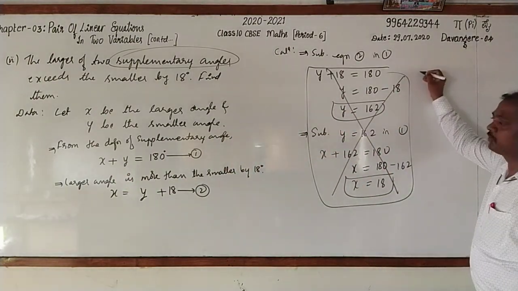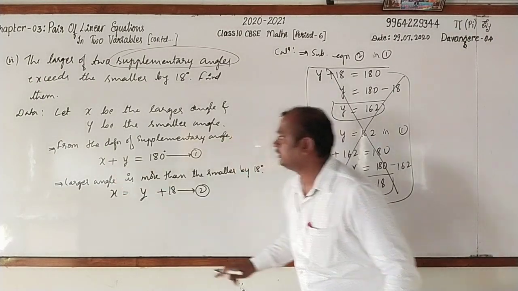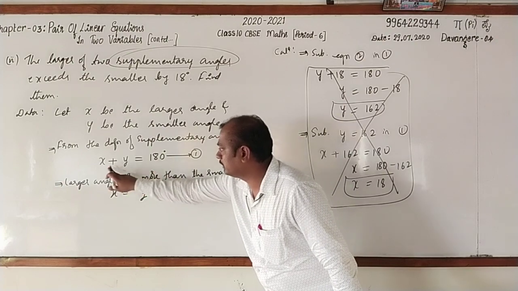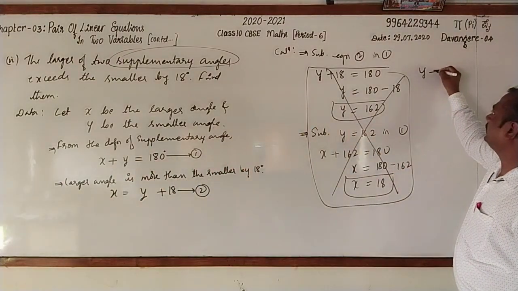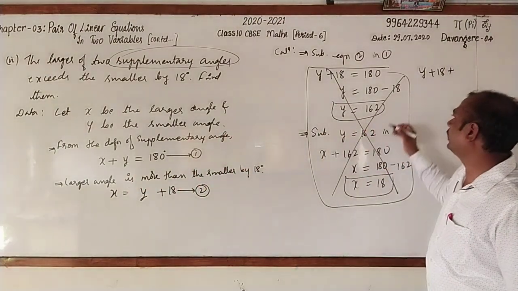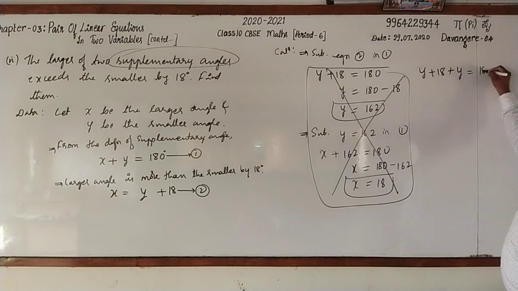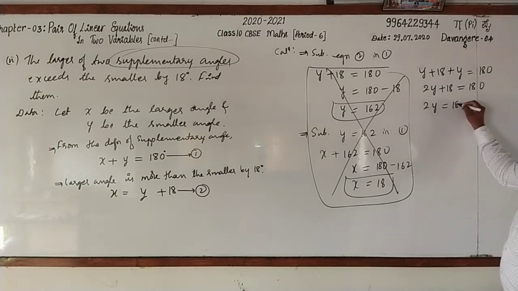Hence, I'll write that here. x plus y equal to 180, where x is y plus 18. y plus 18 plus y equal to 180. Then, what is y plus y? 2y. Plus 18 is equal to 180.